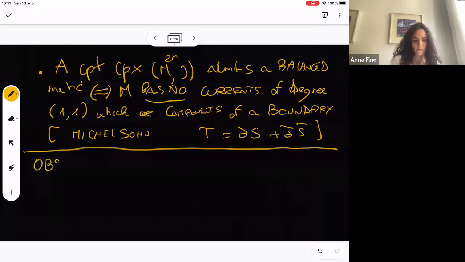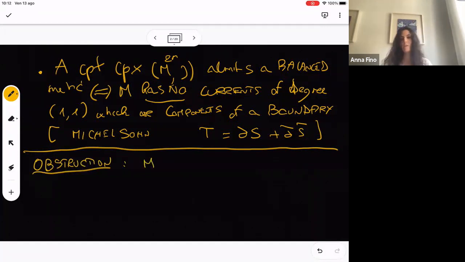One obstruction, I think the only one known, is in terms of complex submanifolds and is the following.